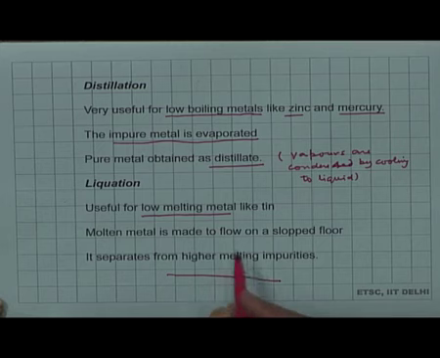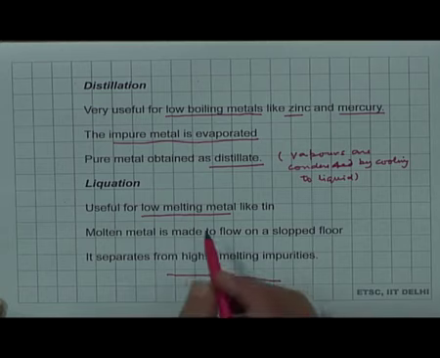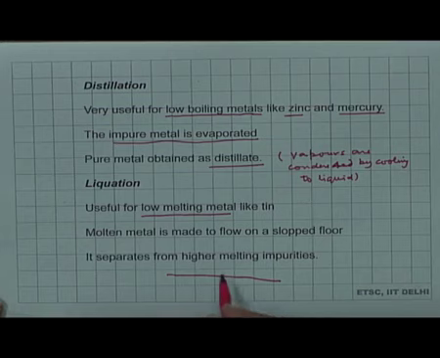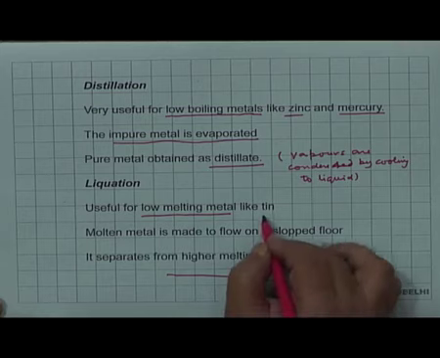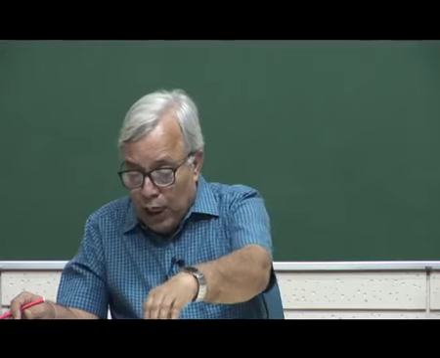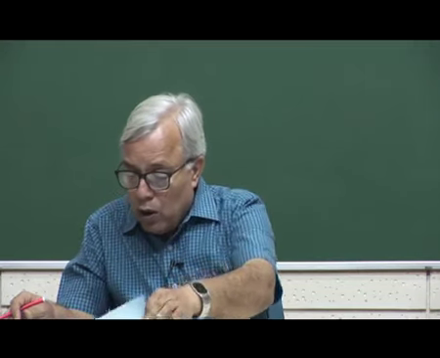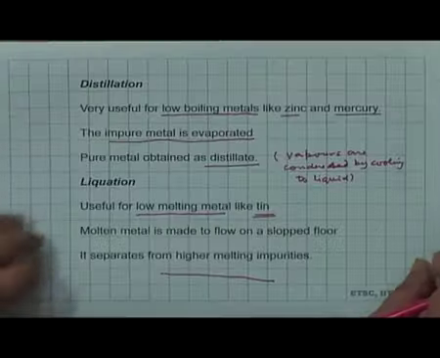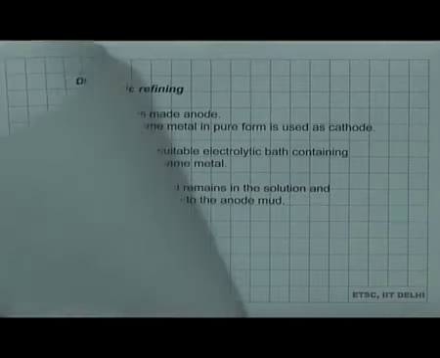So, what happens that the molten metal runs down the floor and the impurities which have not been melted or which are solid at that point, they stay back on the surface and metal which is in molten state rolls down the floor. The example is tin for this kind of purification. Now, for liquefaction also the essential requirement for a metal is that it should have a low melting point.